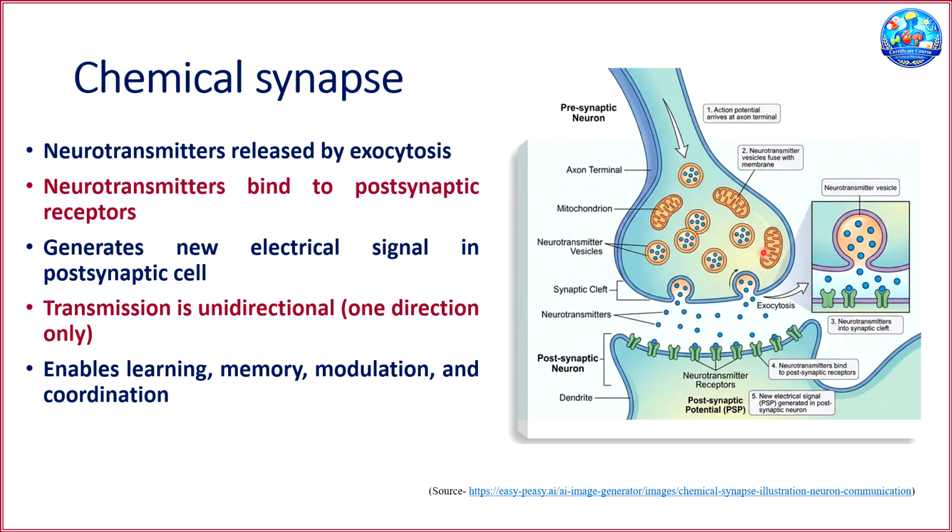The chemical synapses are unidirectional, ensuring that the impulse travels in one direction, that is from the presynaptic neuron to the postsynaptic cell.